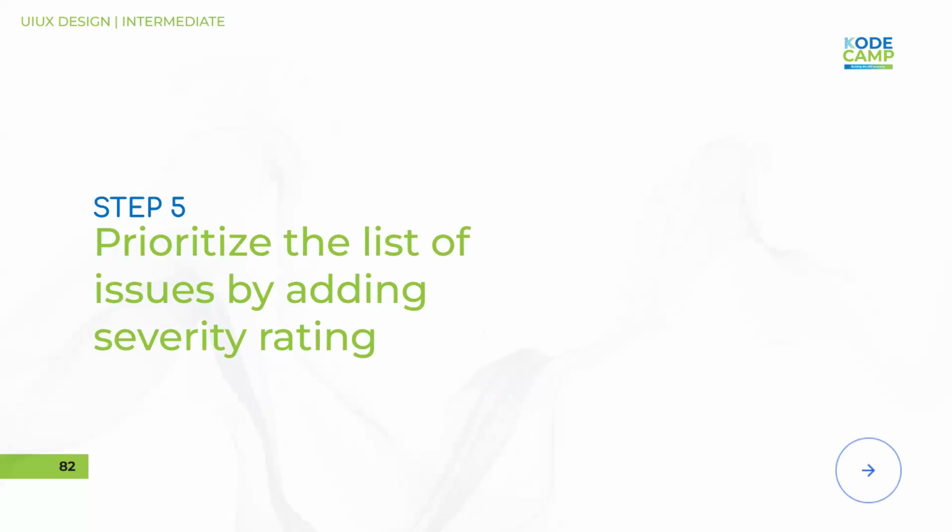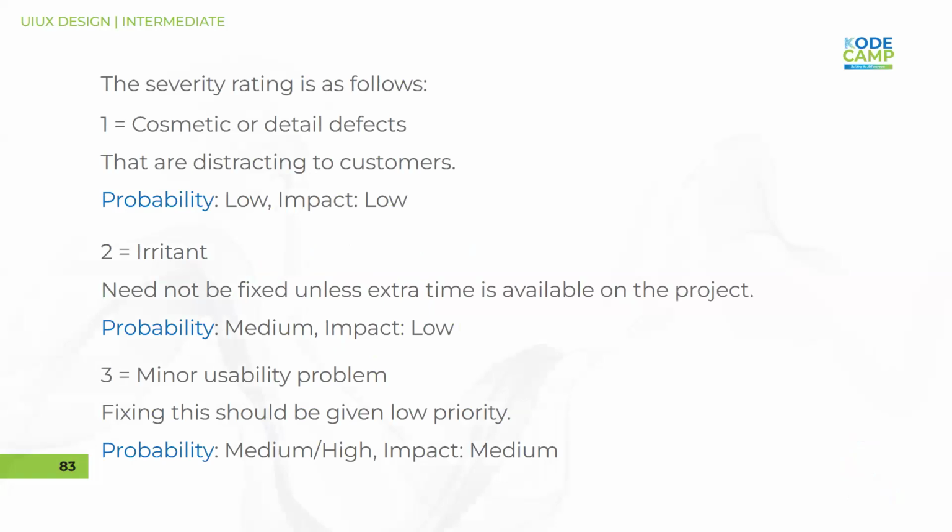I talked about this the other time. I told you that we are going to look at how it is supposed to be done, the scale of 1 to 5, and how we scale this. So now, here is the severity rating.